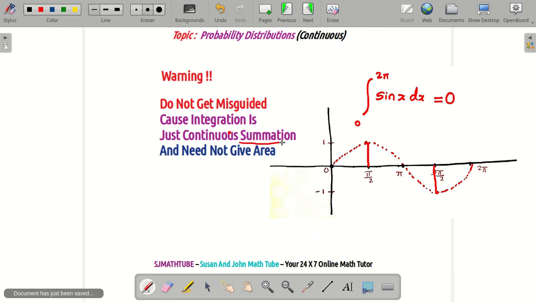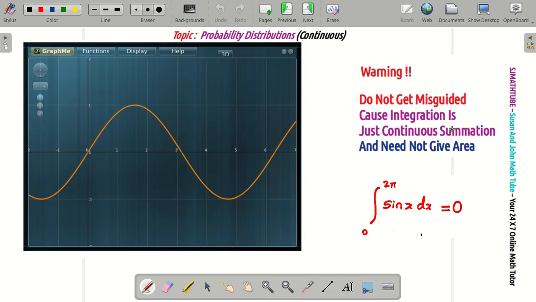When you add 1 and minus 1, we get 0. Likewise, if I add it over here and here, it is, I guess, like 1 by root 2 and minus 1 by root 2. Likewise, for every height, you can see a depth. So the total sum will be equal to 0. So my friends, don't get misguided because integration is just continuous summation and need not give us the area.